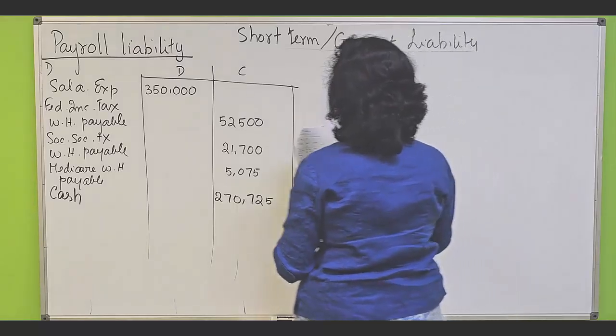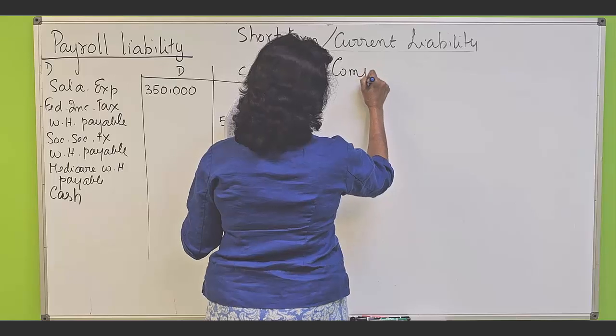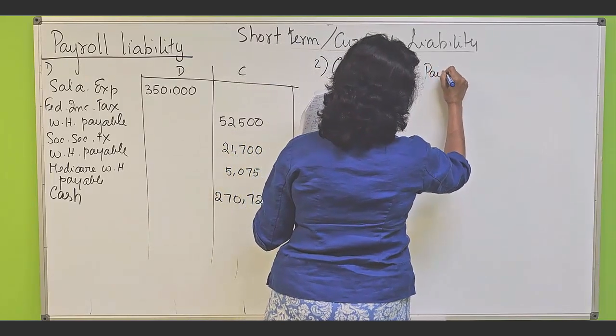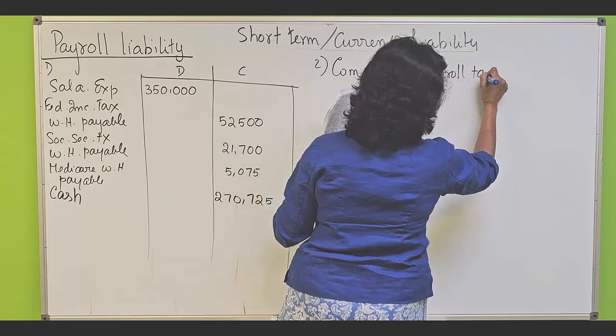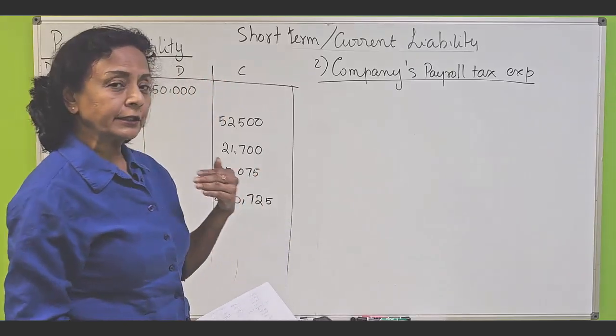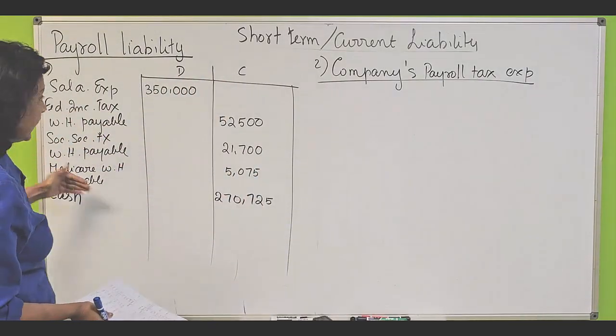So here, second, the company's payroll tax expense. Remember, the company is expected to pay the same amount of the Social Security tax and the Medicare tax.